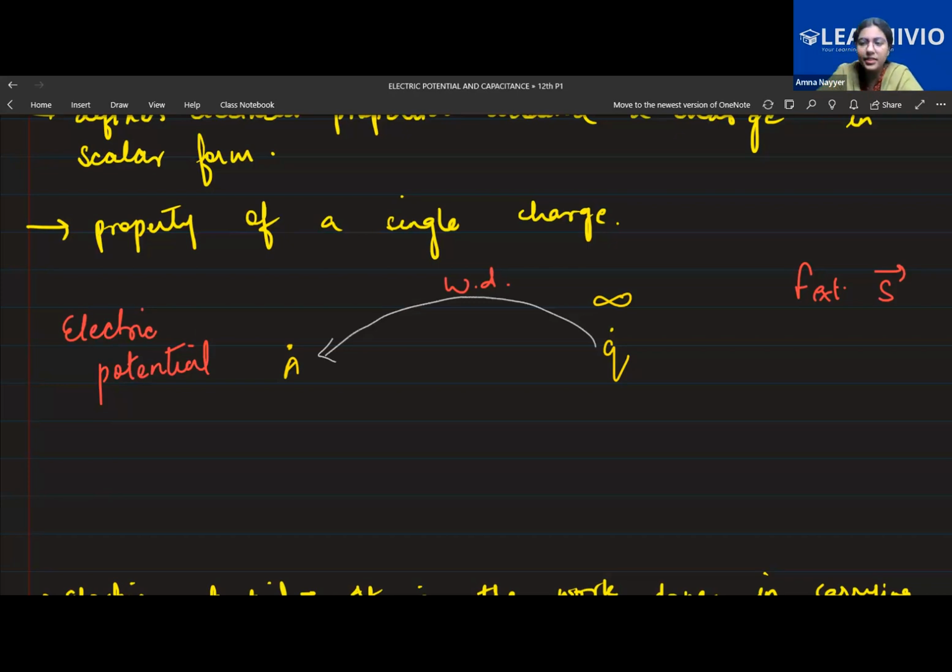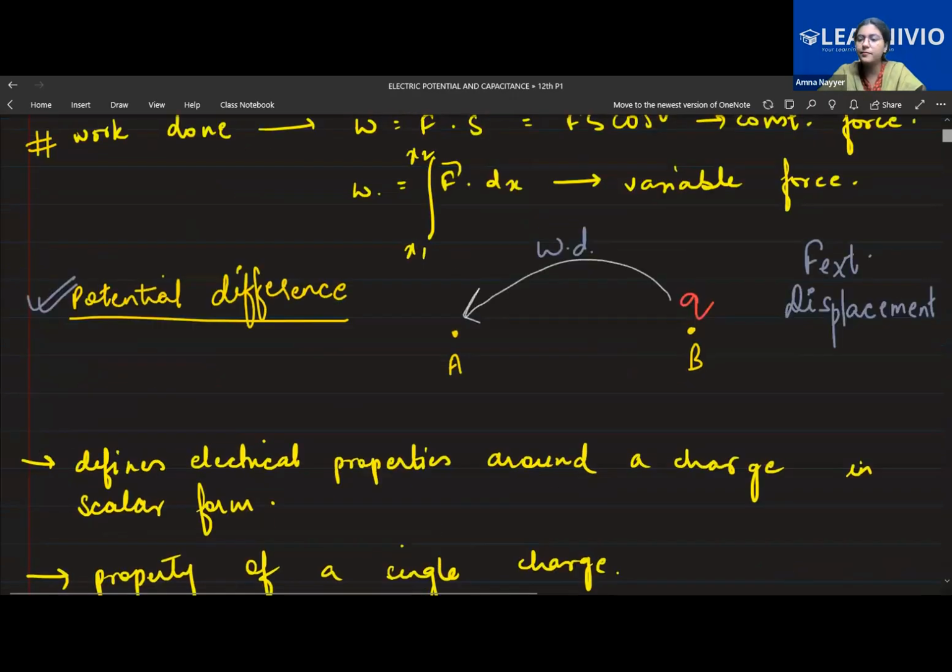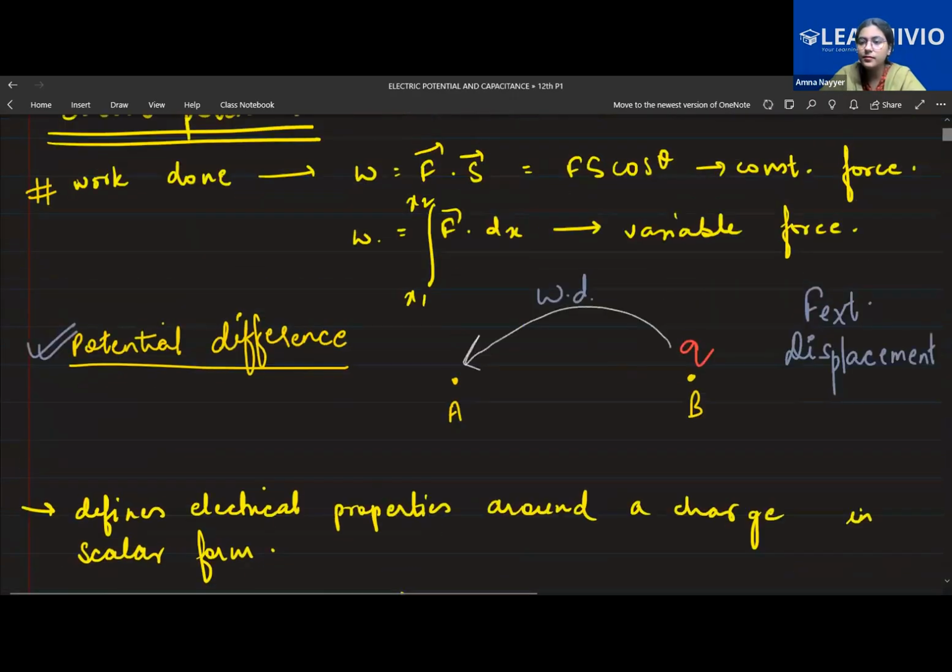Now, let us see. First, tell me, these two meanings are clear, the basic meanings? Yes, ma'am. Okay. So now you can understand, you have studied electric field. In electric field, we saw that when you are bringing a test charge around a source charge, you experience electrical properties.